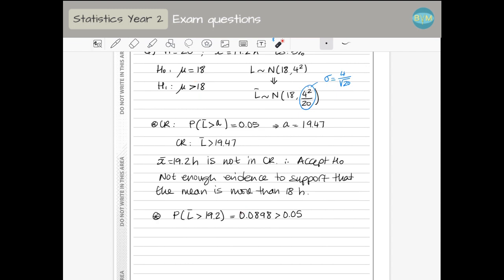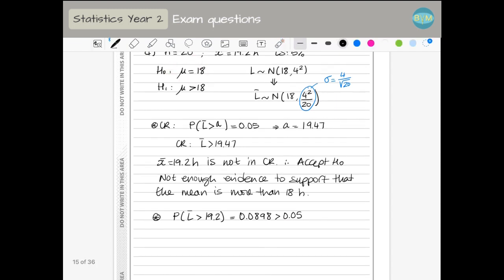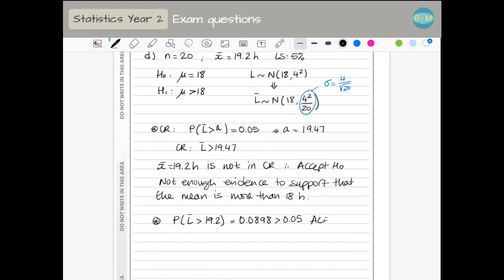The probability is still large enough to accept H0 and not reject it. So accept H0, and again you should write this sentence: not enough evidence to support that the mean is more than 18.